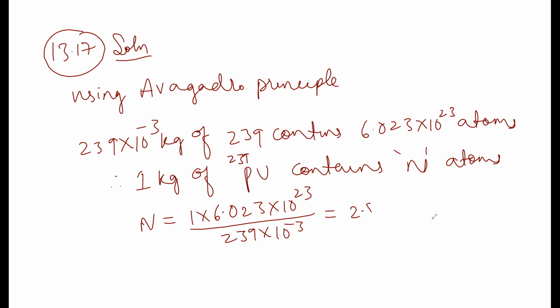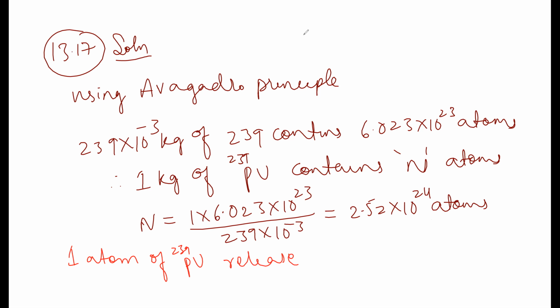When we simplify, 2.52 into 10 to the power of 24 atoms are present. In the question they have given that 1 atom of plutonium-239 releases 180 MeV, so we have to calculate how much energy is released by 2.52 into 10 to the power of 24 atoms.